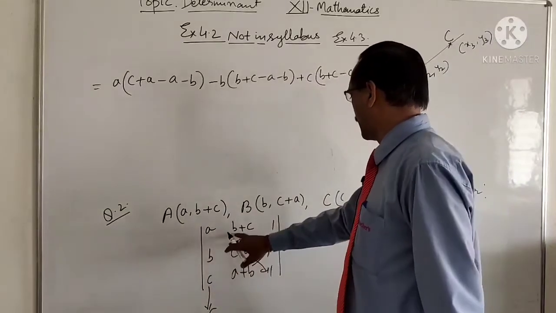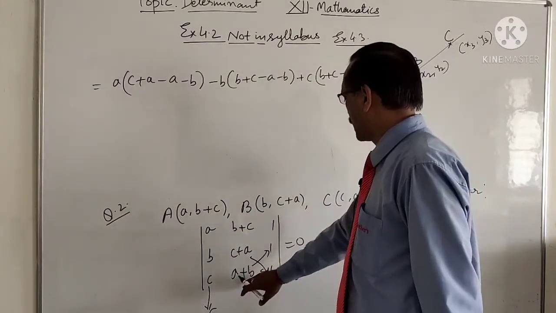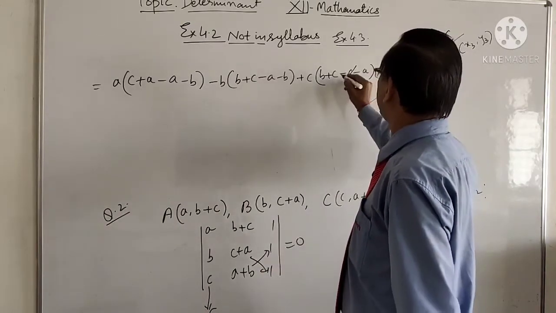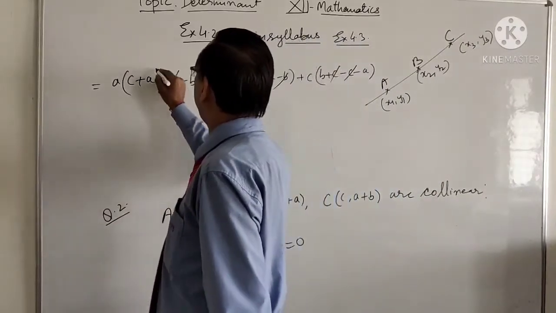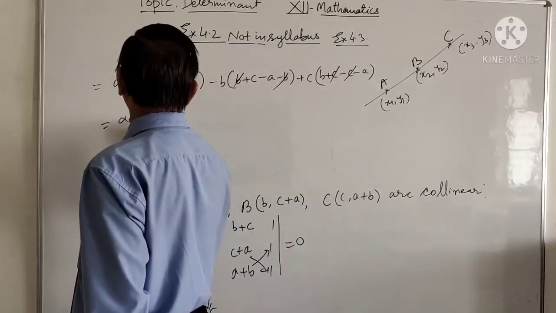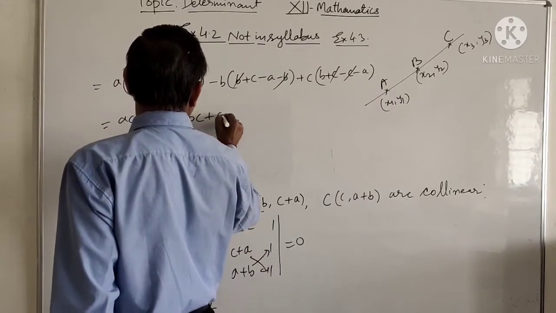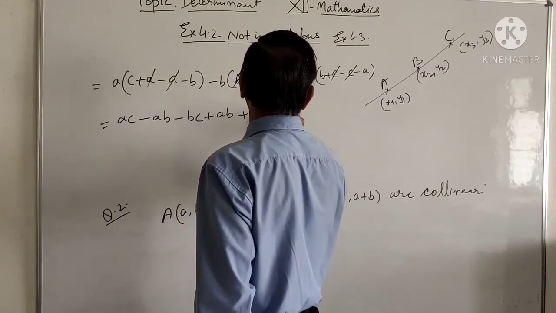Then there is c, b plus c multiplied with 1, then minus a plus b multiplied with 1.